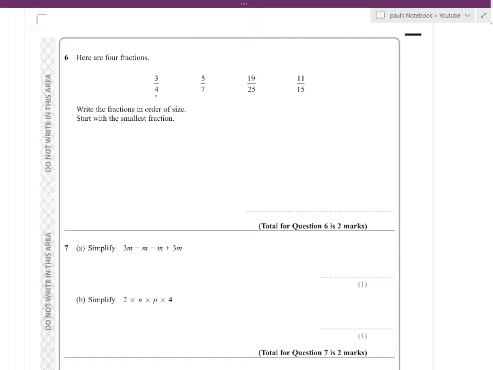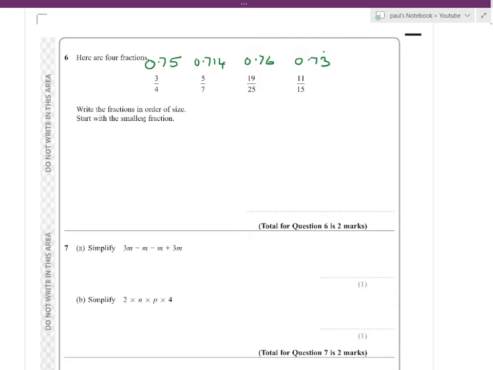So it's 0.75, and 5 divided by 7, I don't know what that is off the top of my head, 0.714. 19 divided by 25 is 0.76, and 11 divided by 15 is 0.73. There are other bits, recurring parts.